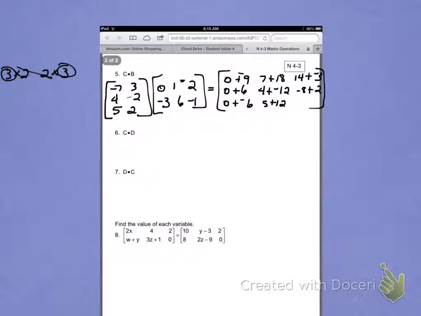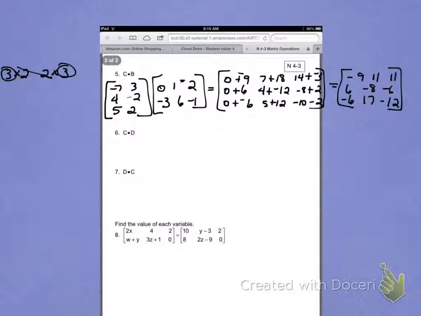And 5 times negative 2 is negative 10, minus 2. Okay, and then our answer matrix, when we add all those together, comes out to be negative 9, 11, 11, 6, negative 8, negative 6, negative 6, 17, and negative 12.